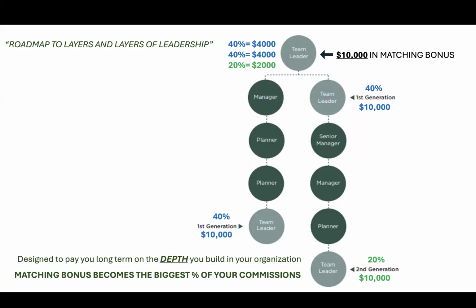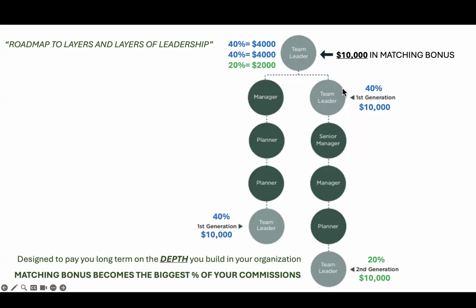They may need some assistance, but a team leader is at a place where they already know how to run their business. They have their open line business, they're generating 10,000 SP, and they're running their own business kind of automated, right?